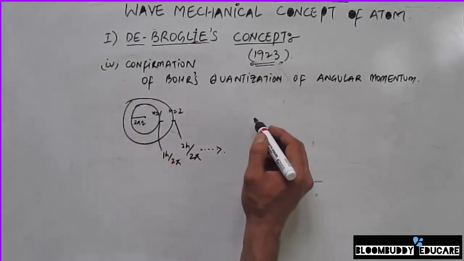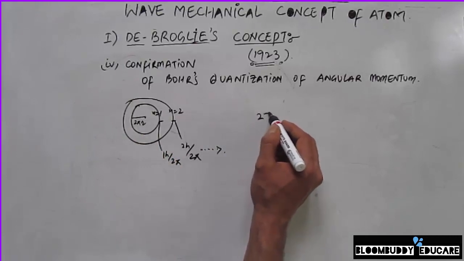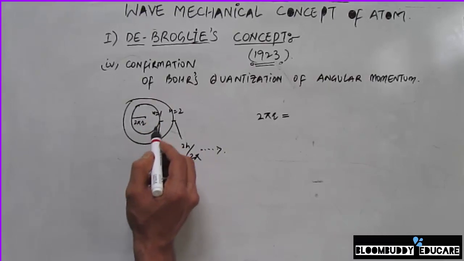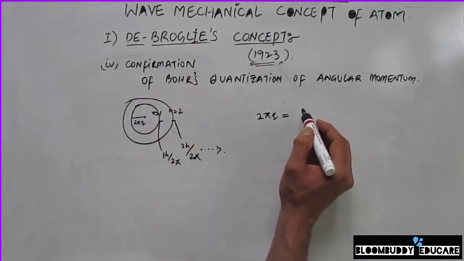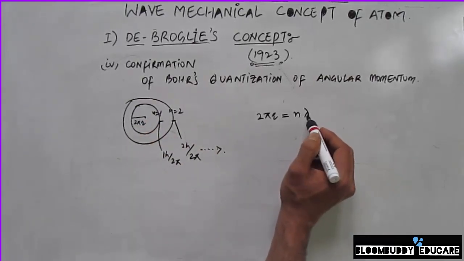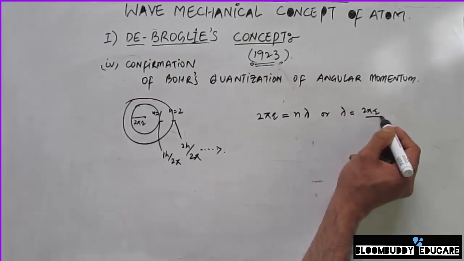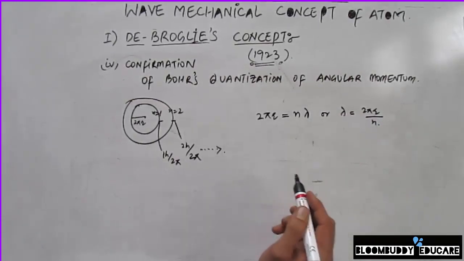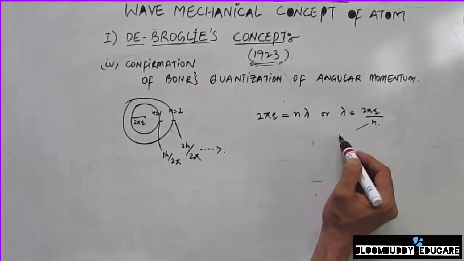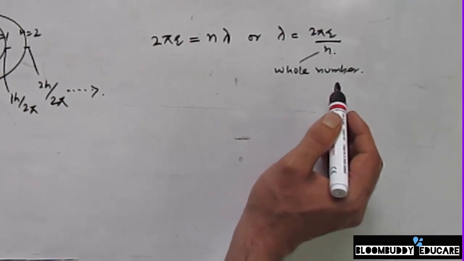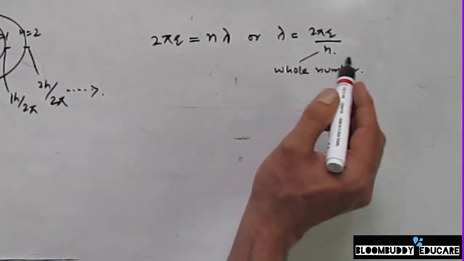In other words, the circumference 2 pi r of an orbit where an electron is revolving around the nucleus is always going to be equal to n lambda. That means lambda is equal to 2 pi r divided by n. Here n is always a whole number, which denotes the number of wavelengths associated with an electron wave extending around the nucleus.